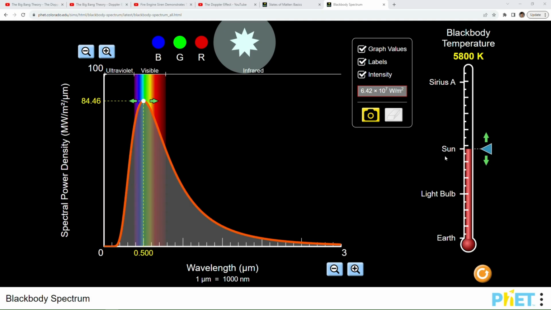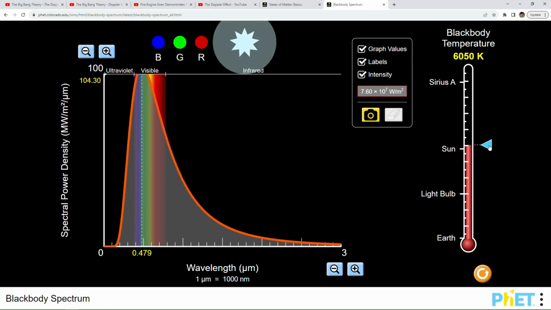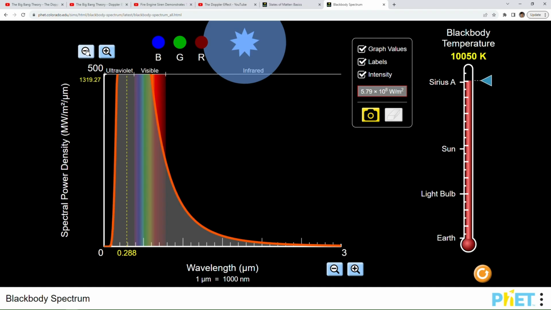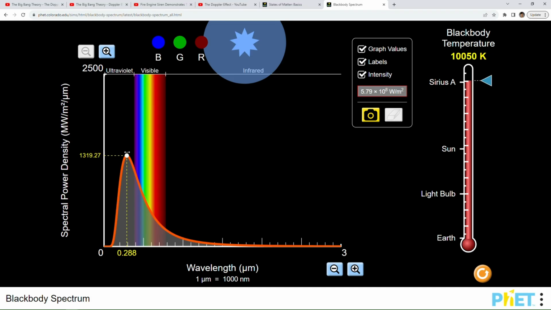Now, let's go ahead and increase the temperature. Let's go all the way to a very hot star, Sirius A. Now you can see the peak is already going all the way. Let's scale down a little bit. You can see here in Sirius A, which is a very hot star, the surface temperature is over 10,000 Kelvin, and if you look at the color of the star, it's very blue.